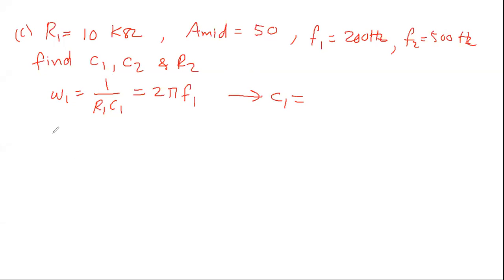Now, we can also use omega 2, but we are not going to get anything because in omega 2, we don't know how much R2 is and how much C2 is. So we have two unknowns. So we have to find R2 before we go to the second frequency. How to find R2?